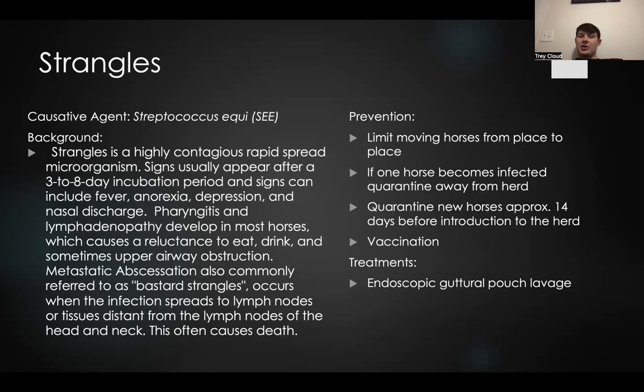And then if you're going to add a horse to your herd, you should quarantine that horse approximately 14 days before you introduce it to the herd. So if you were to get a new horse, quarantine it by itself for about 2 weeks, and then you can put it with your herd.